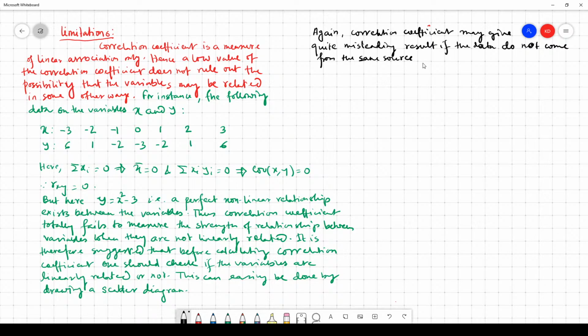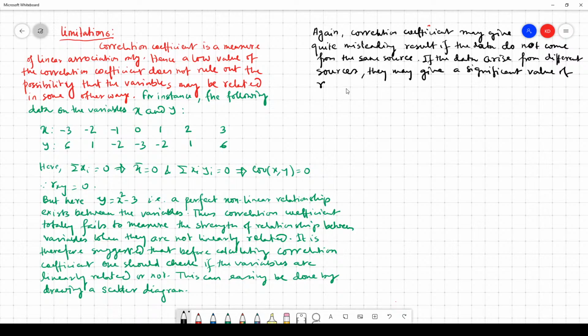If the data arise from different sources, they may give a significant value of correlation coefficient R, although the variables may appear to be uncorrelated.